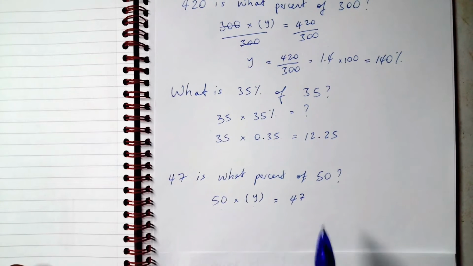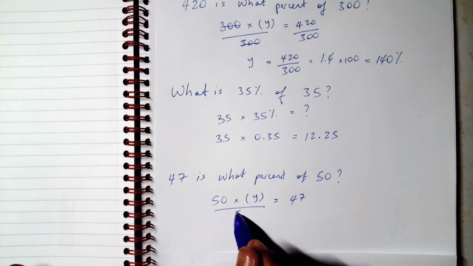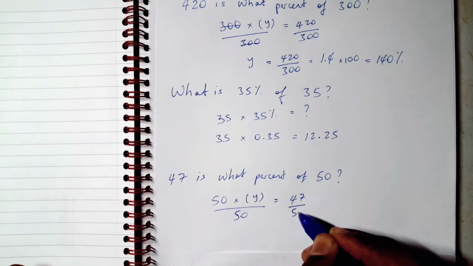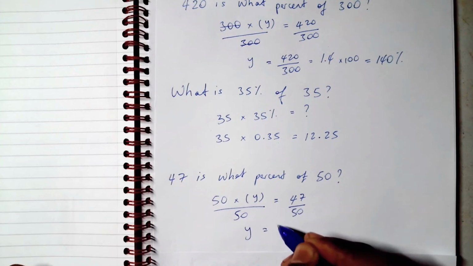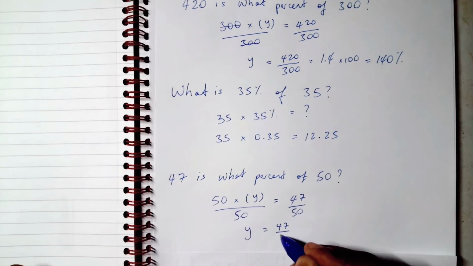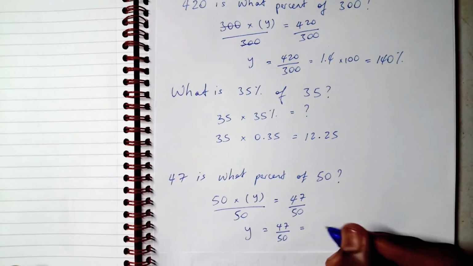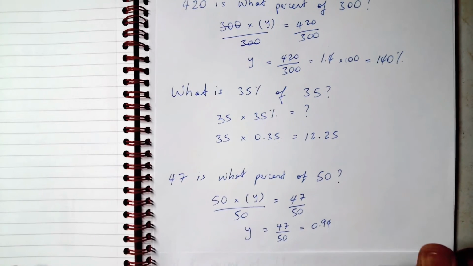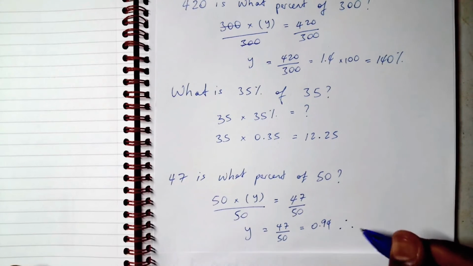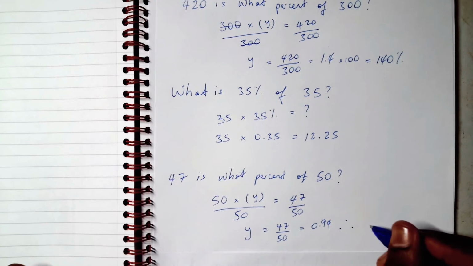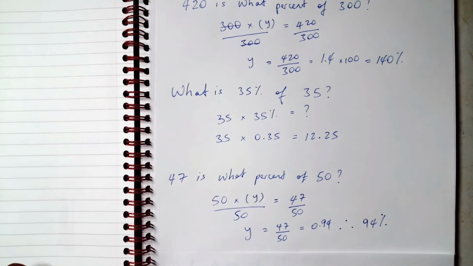What is that percentage? We divide both sides by 50, so we get y by itself. y is equal to 47 divided by 50, which is equal to 0.94. Therefore, these three dots mean therefore, y is equal to 94%.